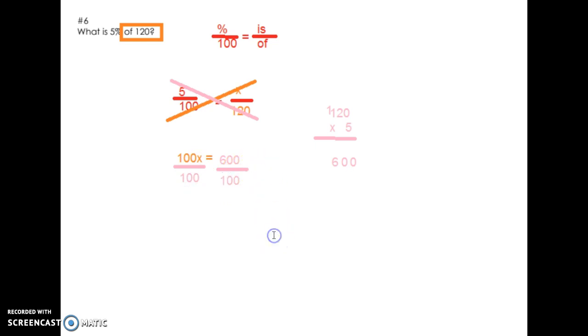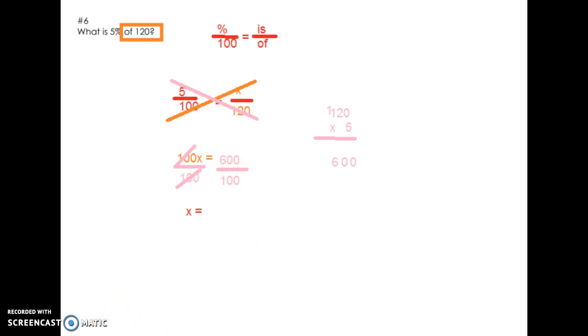That becomes super easy because these cross cancel, right? 100 divided by 100 just gives me x by itself. And I'll let you do the rest. 600 divided by 100, you have your answer.